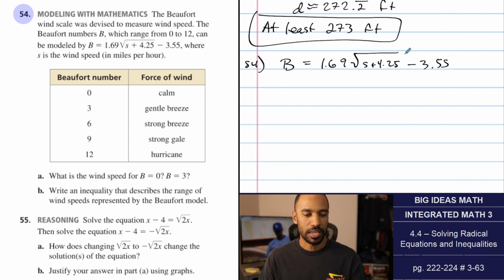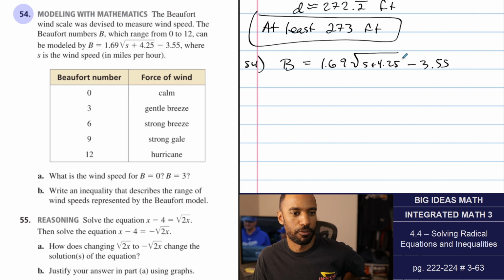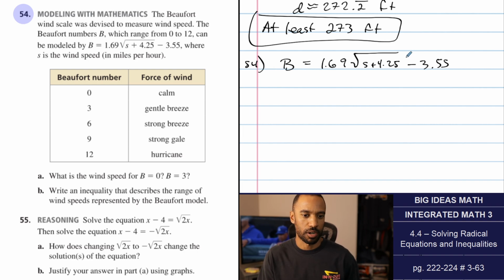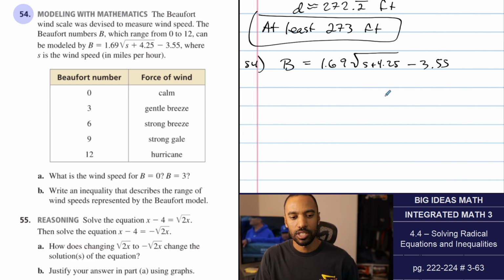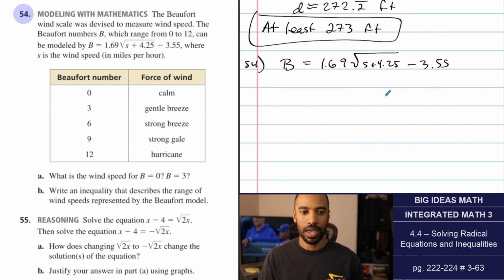S is the wind speed in miles per hour. We have some Beaufort numbers there for calm, gentle breeze, strong, gale, and hurricane. What is the wind speed for B equals 0 and B equals 3? Why didn't they say for calm, force of wind, and gentle breeze, force of wind?